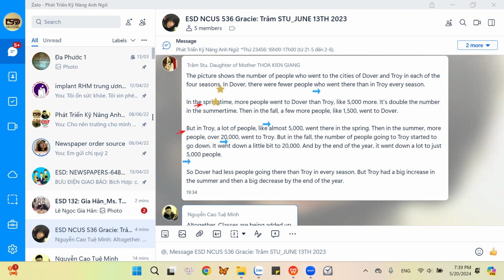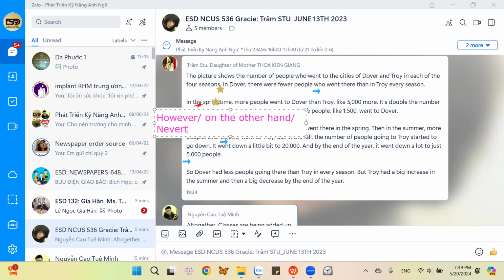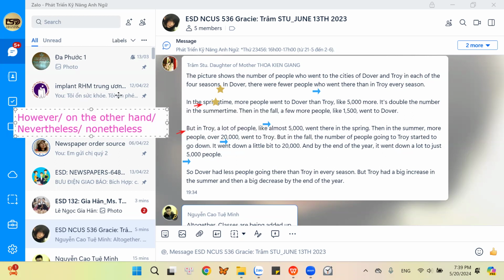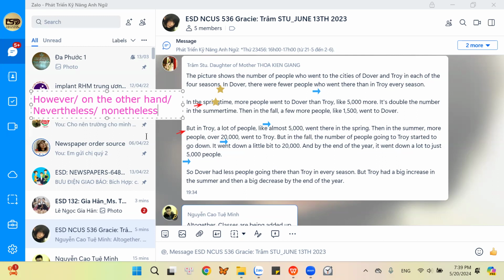If you want to use but at the beginning of the sentence, please think about the word however, or think about the words on the other hand, all right? I'm gonna show you guys other words later, like nevertheless, or nonetheless. Here we are not writing an essay. We are writing a paragraph to compare data in the column chart.